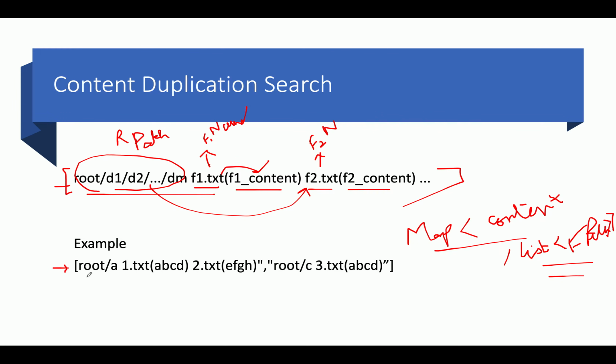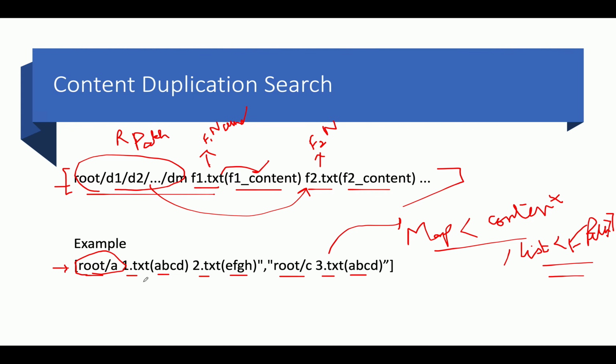In this case, we are given two entries: root A, 1.txt, abcd, 2.txt, the second file name, and the content is efgh. The second entry is root C, 3.txt, abcd. So let's try and extract the file content and the file paths and put this in the map. So the root path is root-a, and the first file name is 1.txt.